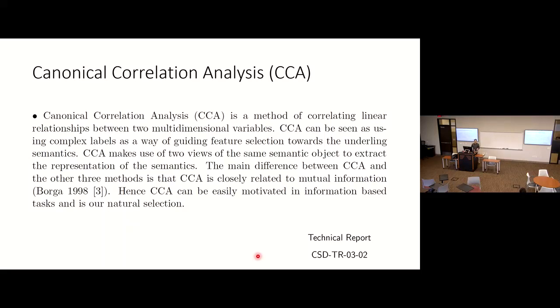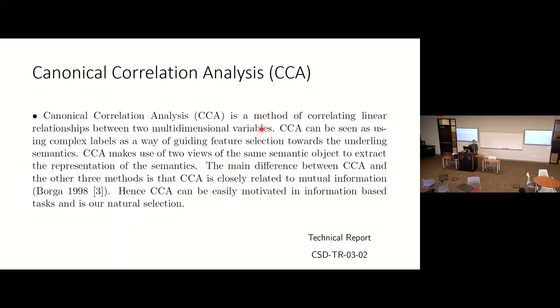So CCA is not designed only for single cell data. It's used for correlating linear relationships between two multi-dimensional variables.